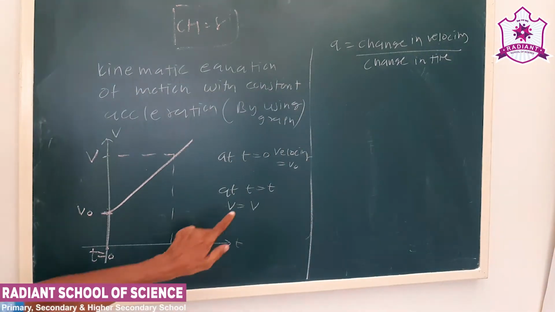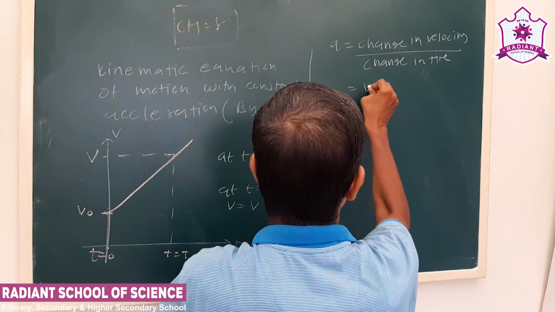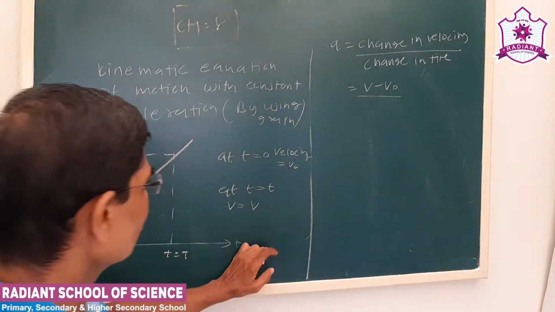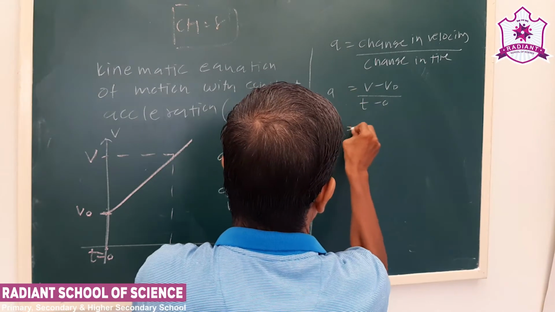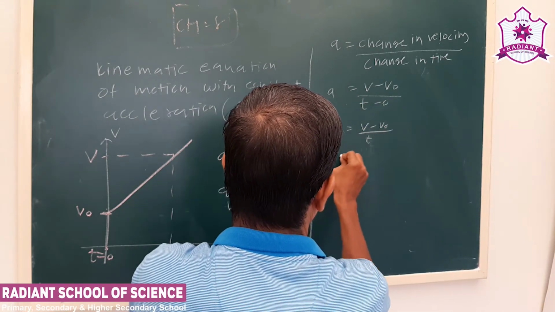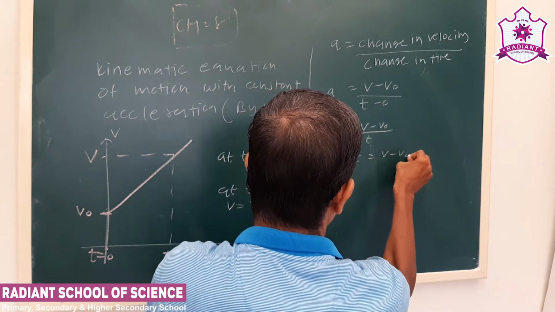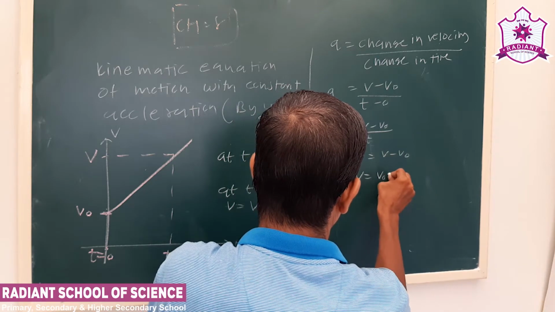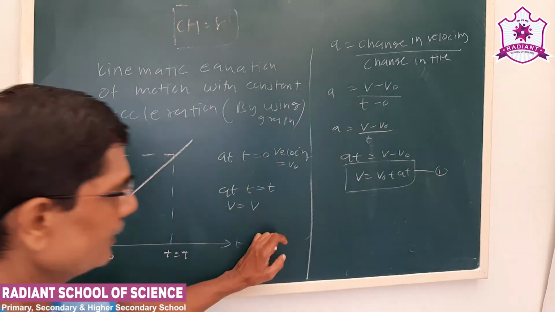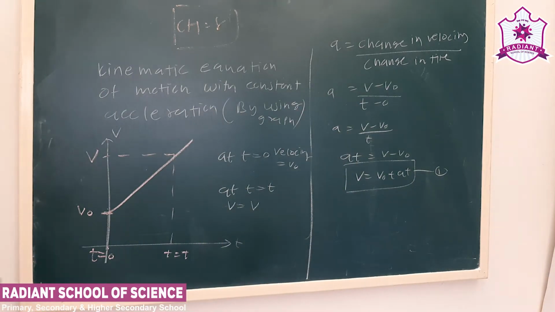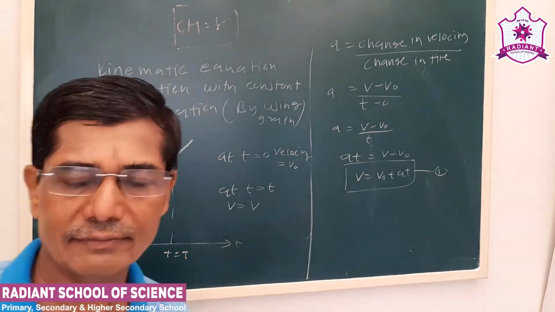What is change in velocity? v minus v0. And what is change in time? t minus 0. That is, acceleration is v minus v0 upon t minus 0. We get the first equation.